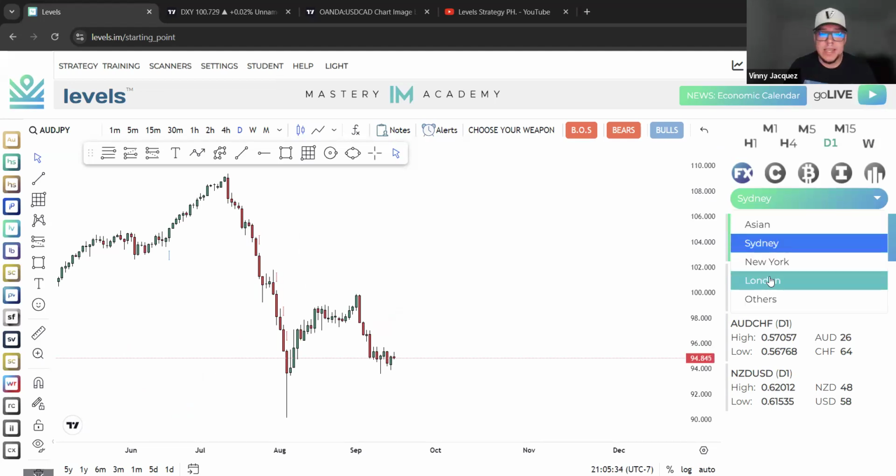Where it starts to get intermediate, I feel like intermediate would be London, in my opinion. And then advanced Forex pairs would be Asian and New York, right?